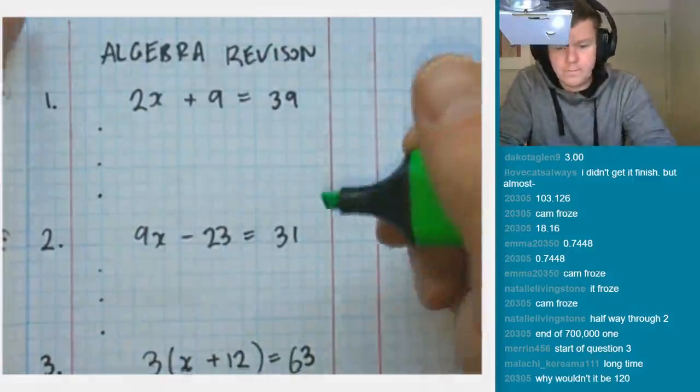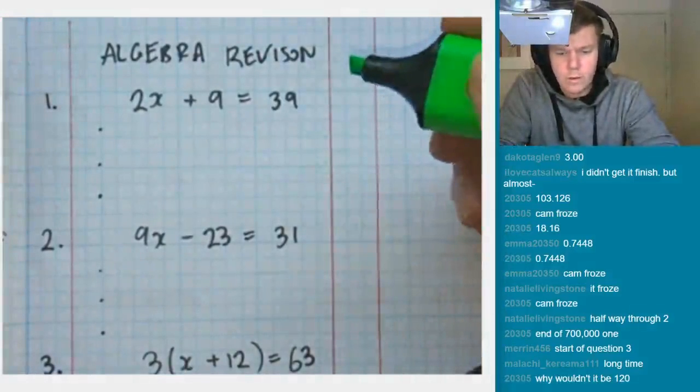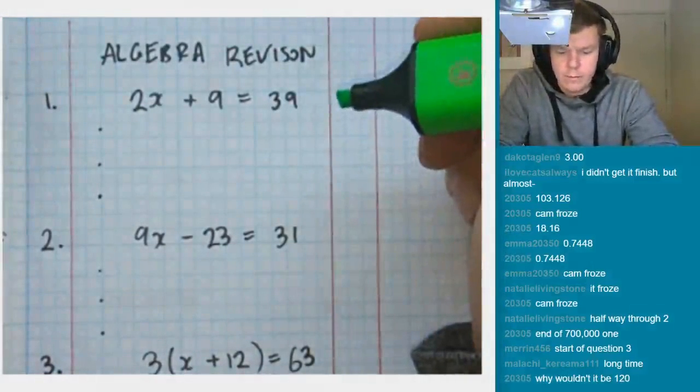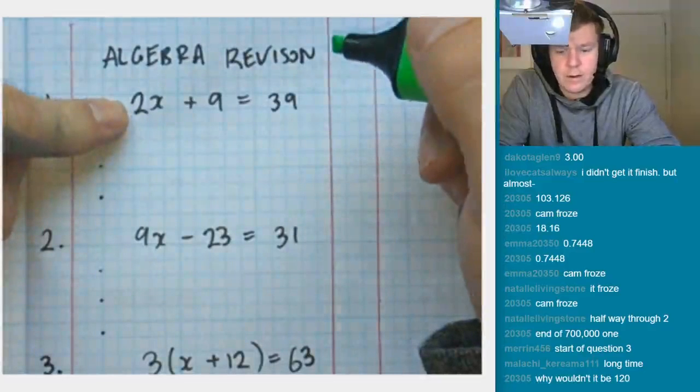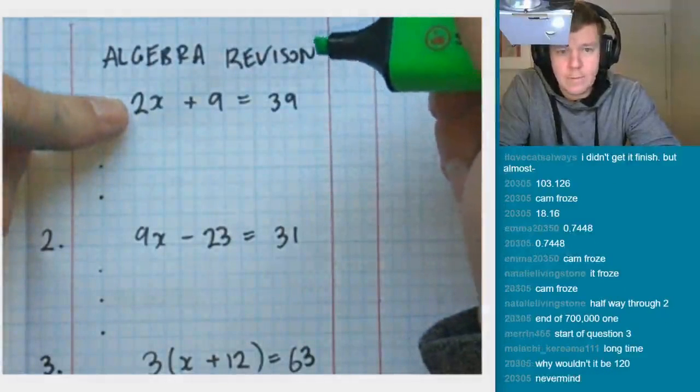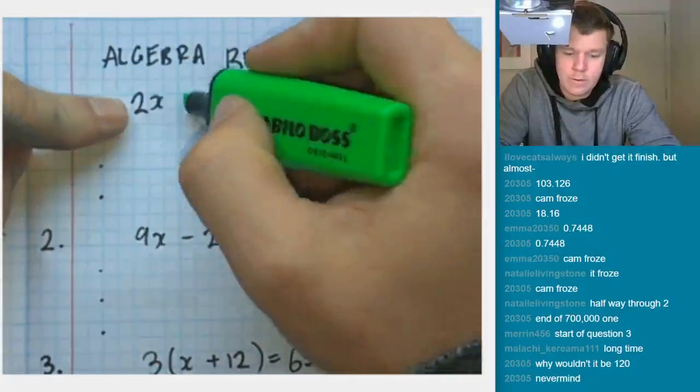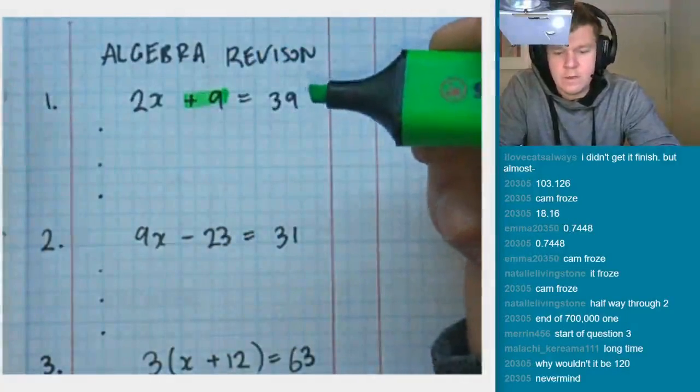So, algebra. Let's do it. So we have 2x plus 9 equals 39. First thing we need to do, we need to deal with this plus 9.